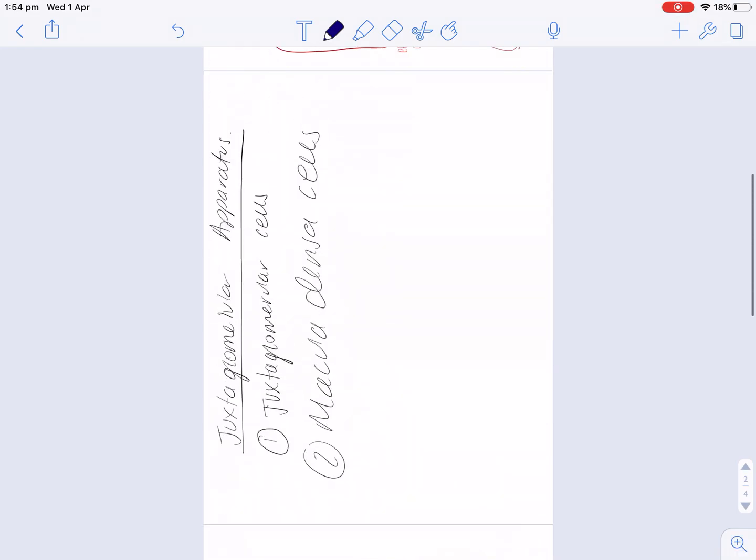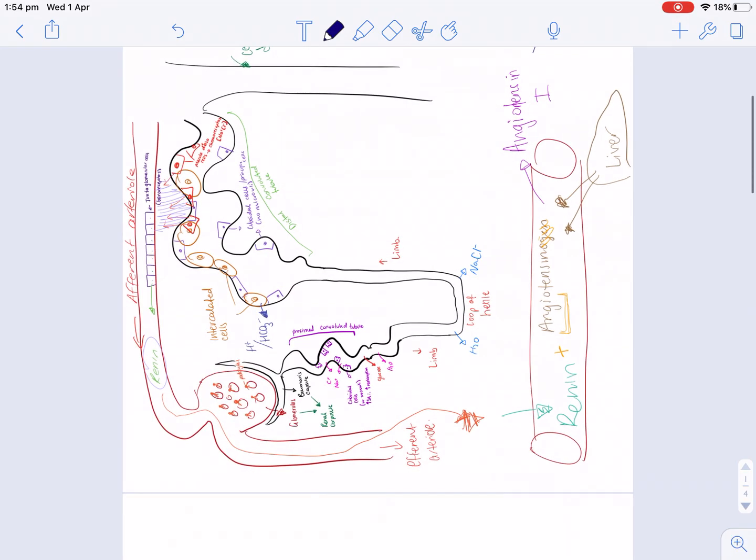In other words, if we go back to this nephron, if we're constricting this efferent arteriole, making its wall narrower, you'll have a lot more clogging up in that afferent arteriole, and therefore the glomerular filtration rate is increased.